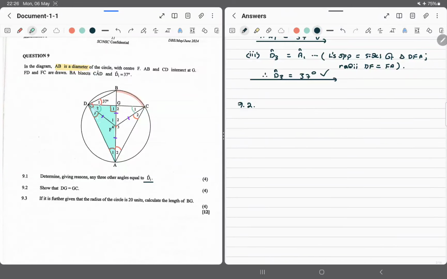So if that angle is 90 degrees, we can calculate D2 by subtracting those other two angles. And once we find the size of D2, we can then use this triangle to work out G1 from three angles of a triangle. And if that comes out as 90 degrees, we are the winners, are we not?